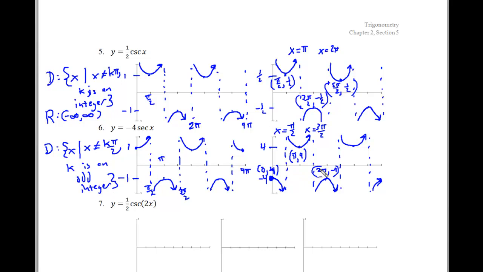If you think about it that way, it's like 1 pi over 2, 3 pi over 2, 5 pi over 2, 7 pi over 2. All of those odd integers, including negatives, negative 1 pi over 2, negative 3 pi over 2, negative 5 pi over 2, those are all not in our domain.